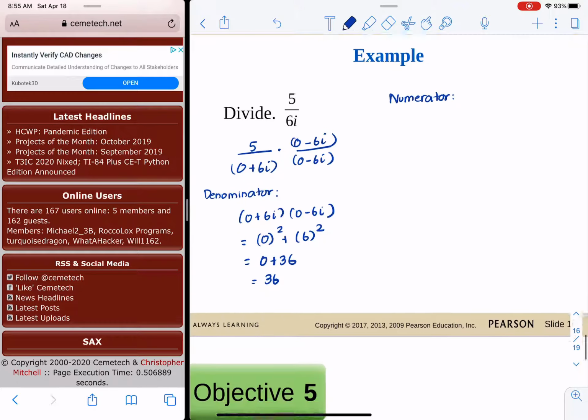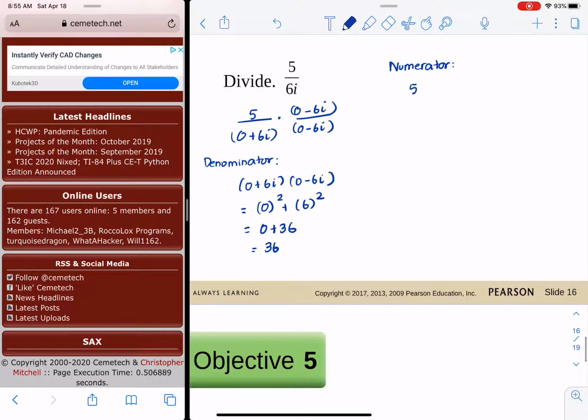The numerator, we have 5 times 0 minus 6i. Distribute, we have 5 times 0, which is 0. 5 times negative 6i is negative 30i. So the result is the numerator, negative 30i, divided by the denominator, which is 36.